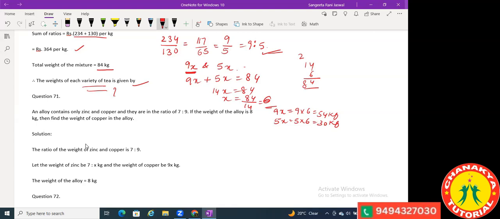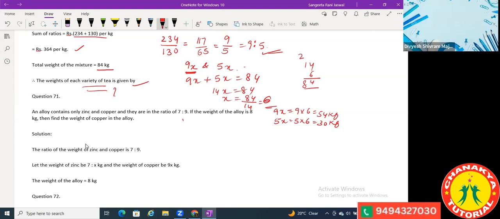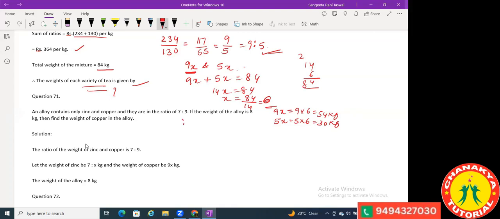What are the two dots? Is to. We read it as 7 is to 9. If the weight of the alloy is 8 kilo, then find the weight of the copper in the alloy. So what will you do in this question?